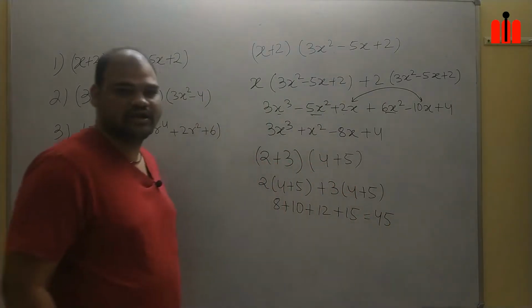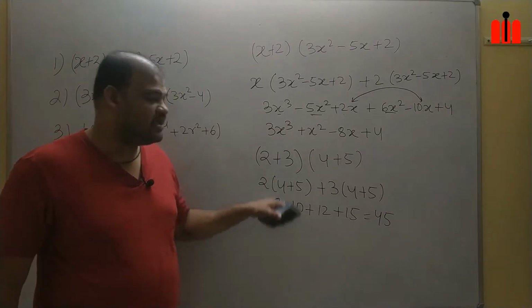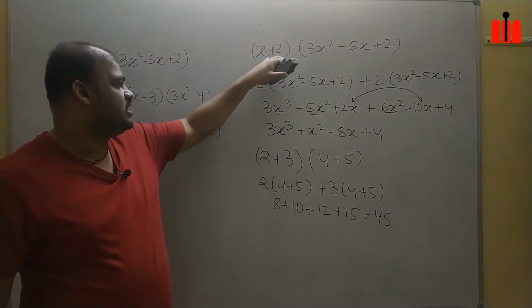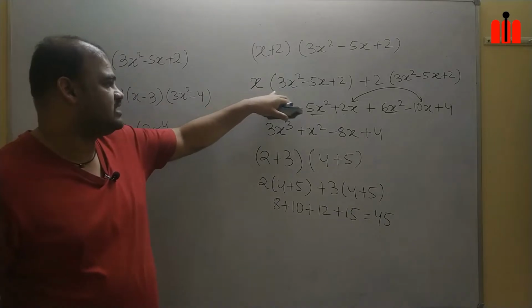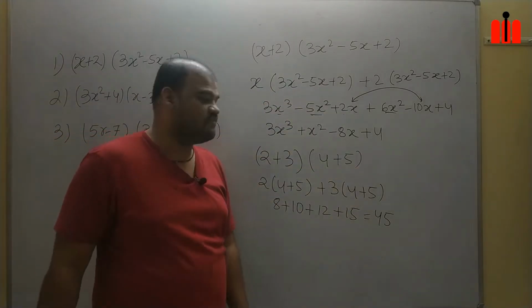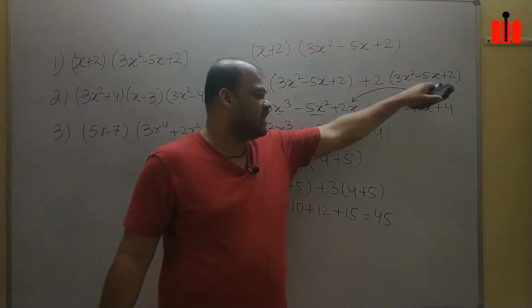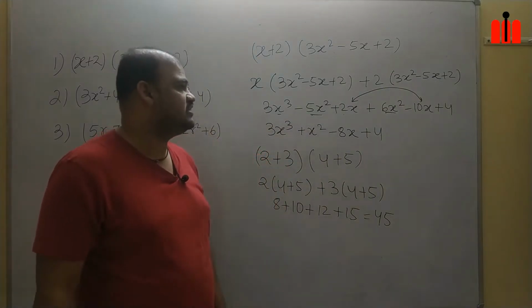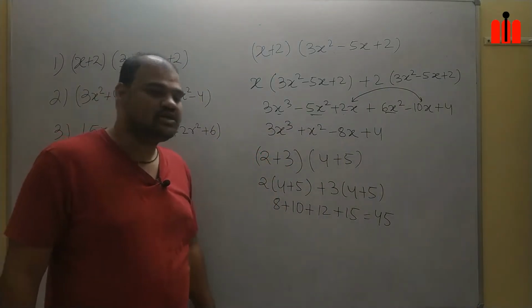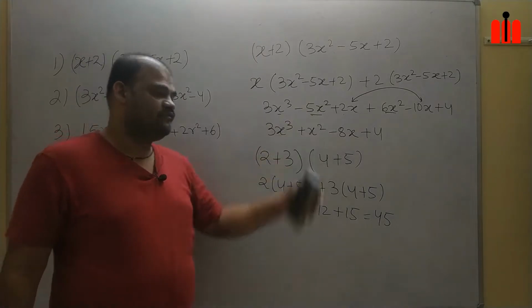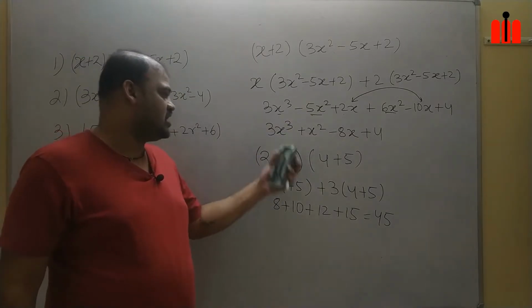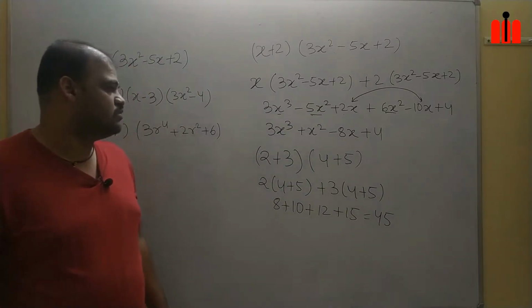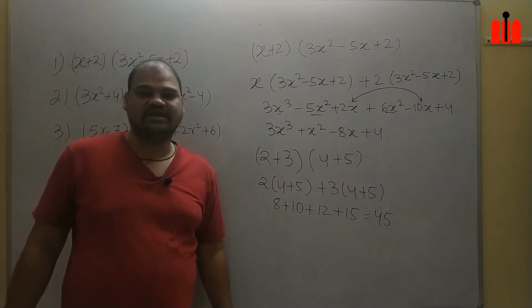So this is 45. In a similar way, here with x plus 2, we took x with 3x square minus 5x plus 2, and plus 2 multiplied with 3x square minus 5x plus 2. After the multiplication, at last we got 3x cube plus x square minus 8x plus 4.